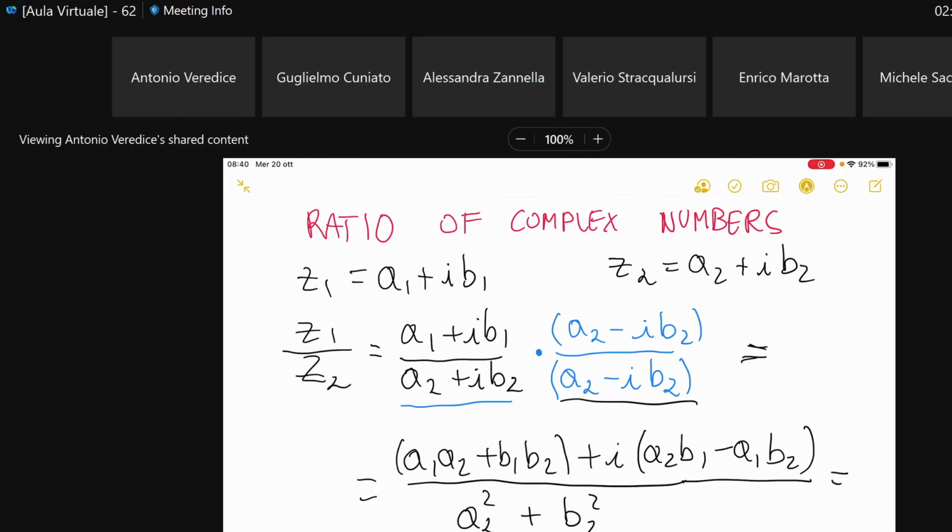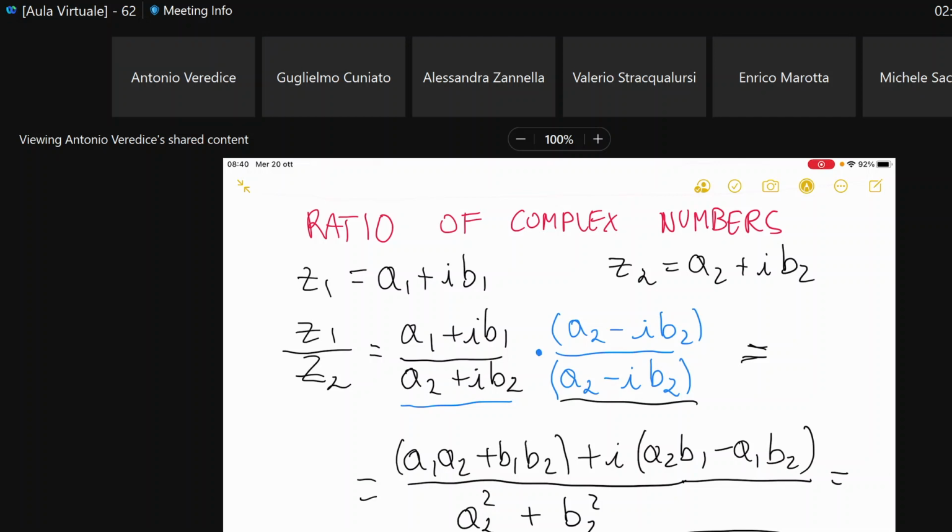This is the standard form of the ratio. Of course you don't have to learn it by heart. The important thing is to understand how to do it: multiplying numerator and denominator times the complex conjugate.